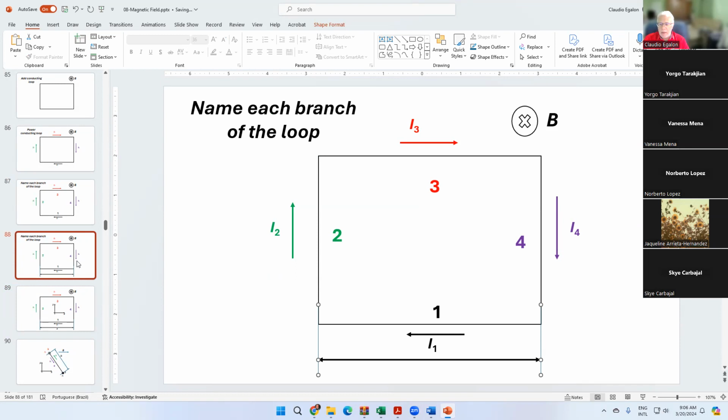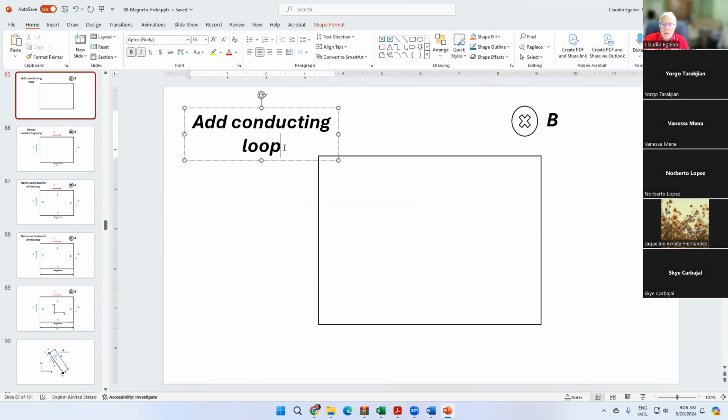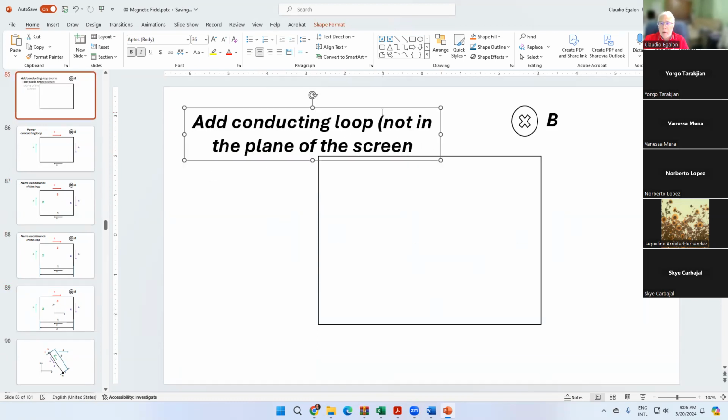And one more thing, this loop is not in the plane of the screen. Okay. So, and you're going to understand what I mean about that.